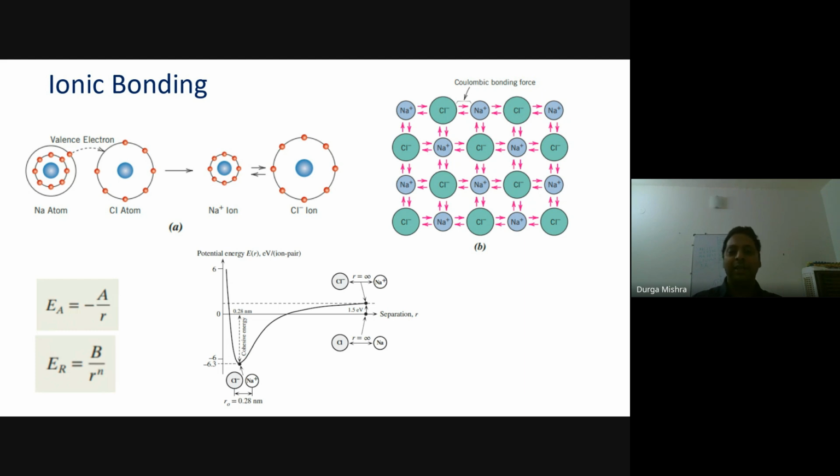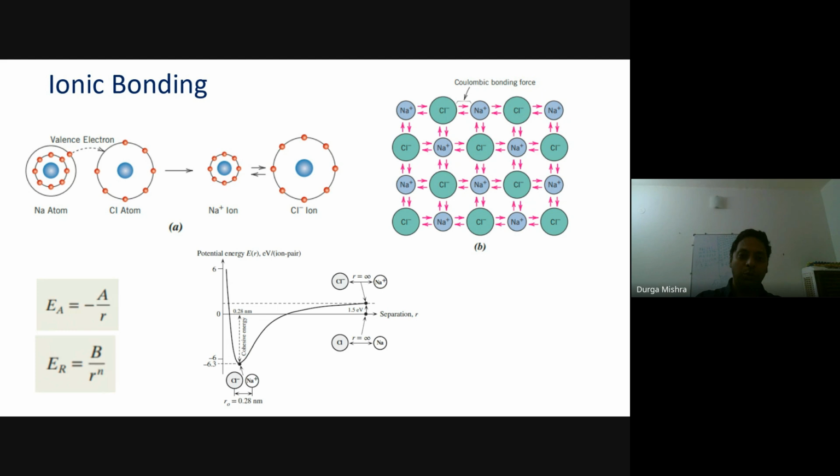So if I take, for example, HCl or HF, hydrogen fluoride, or any other ionic-like material, this n can be different. But the attractive force is normally a Coulomb attraction.